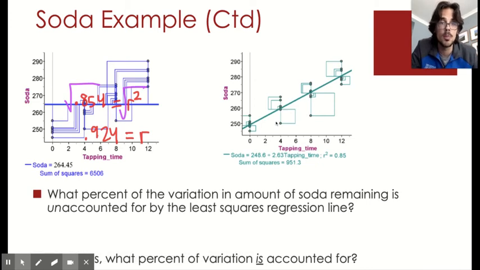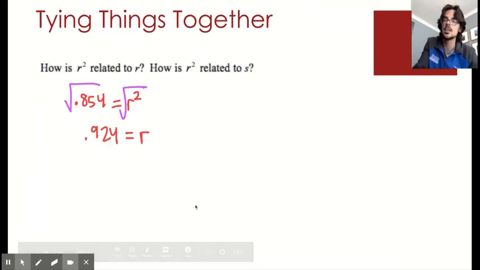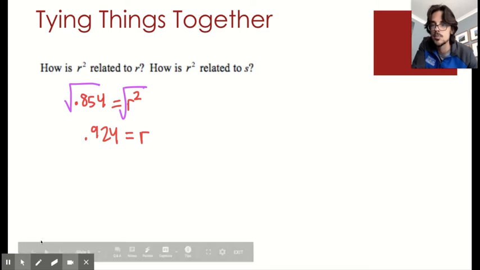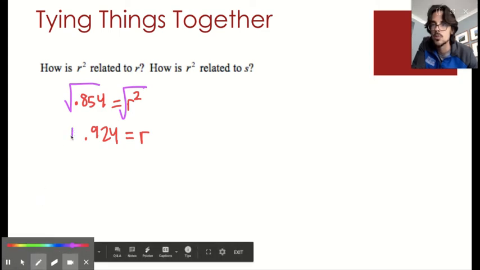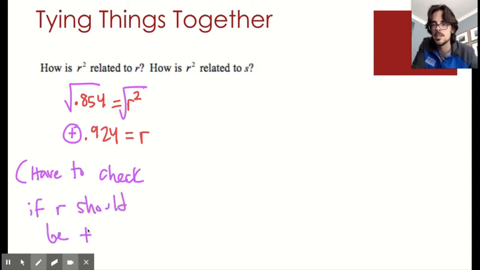The points are going upwards, so my R is positive. If my scatter plot had been going downwards, I would just tack a negative sign on my R at the end. So it's going to be positive 0.924 for this problem. You have to check if R should be positive or negative, and that just depends on the problem.